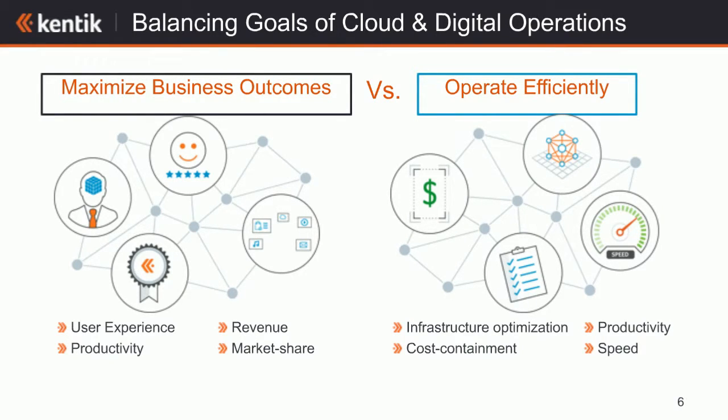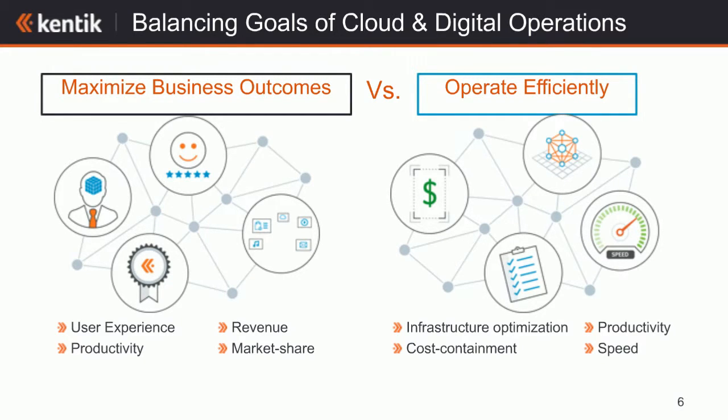Remember that the reason we're moving to cloud, the reason why organizations are remaking themselves into digital operations, is to achieve business goals. They really want to achieve improved goals of the types shown here. You want better productivity. You want user and customer experience to improve or be protected. Ultimately, you're trying to generate revenue, unless you're a governmental agency, in which case you're just trying to treat your constituencies well, right?